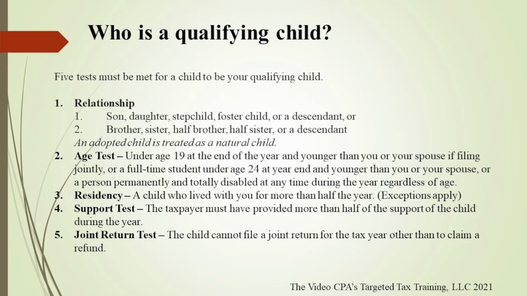All right, so those are the first 2 tests. The third test is the residency test. The child has to have lived with you for more than half the year. Now, there are some exceptions to that. For example, if a child is away from school for a good portion of the year, they're considered to have lived with you if they're a full-time student at school.